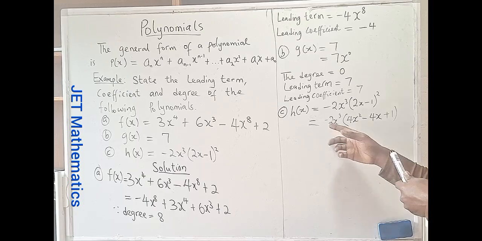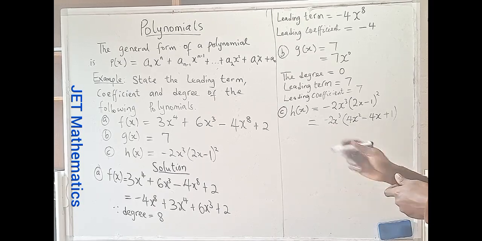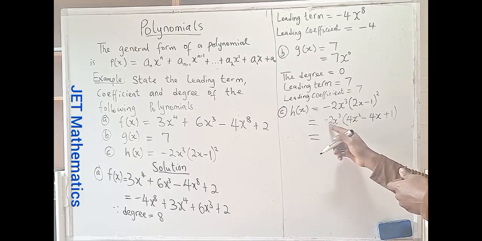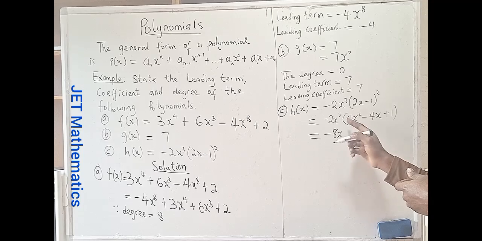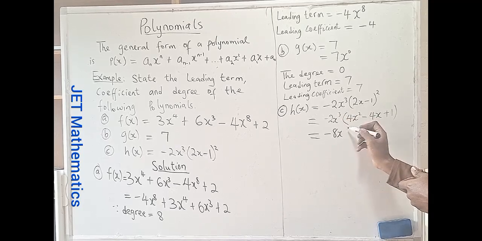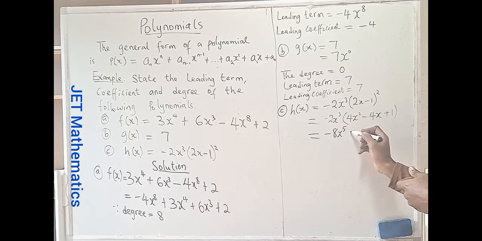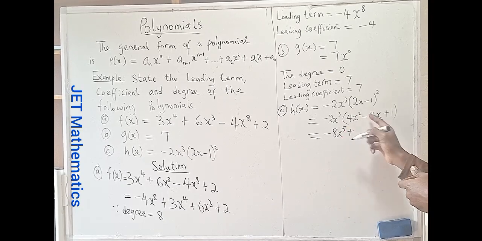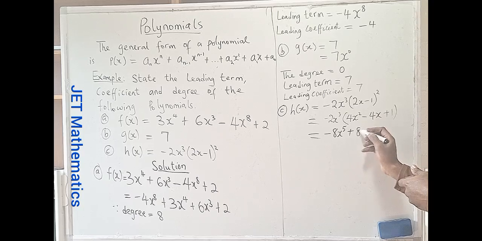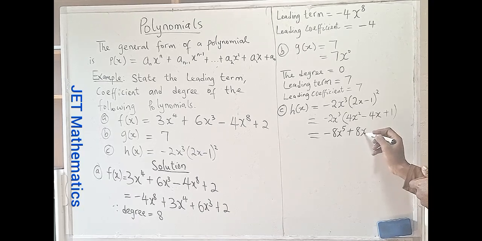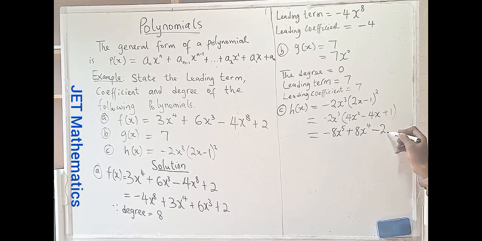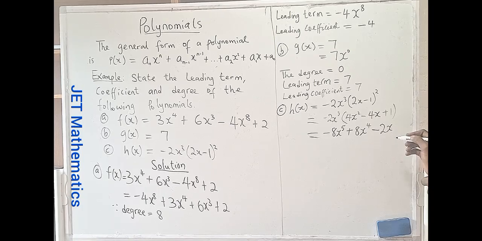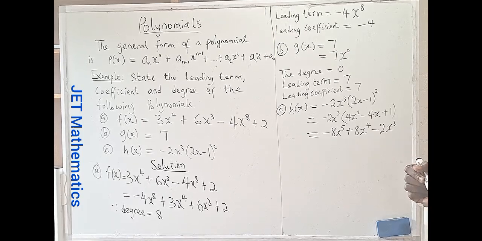And then expanding this again, you have minus 2 times this gives us minus 8x raised to the power of 5, plus 2 times this gives us 8x raised to the power of 4, and then minus 2x cubed.